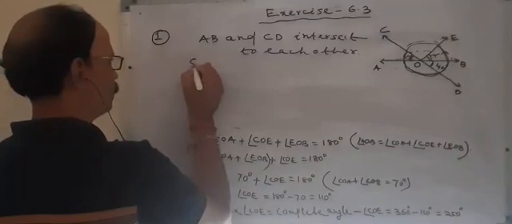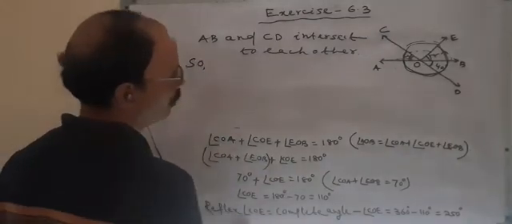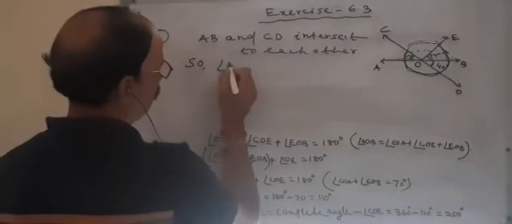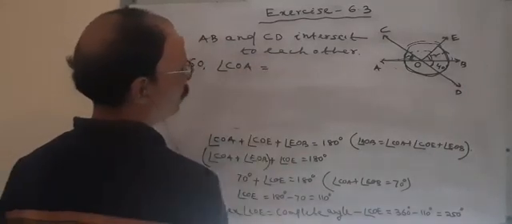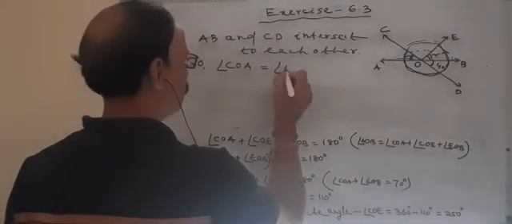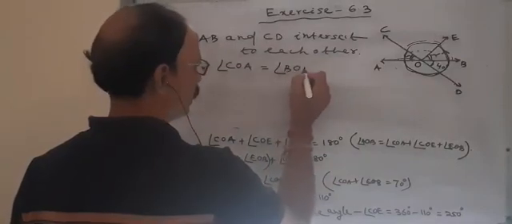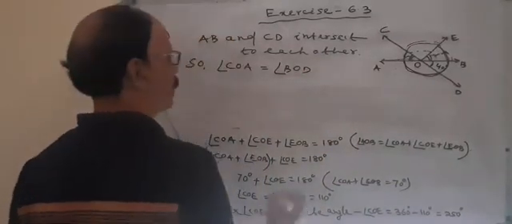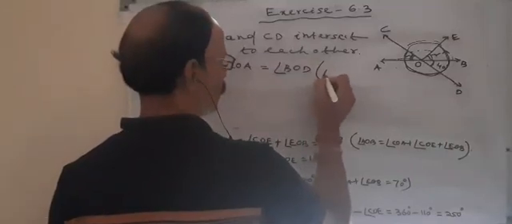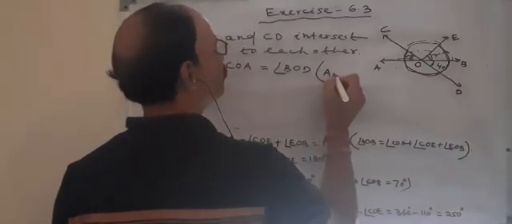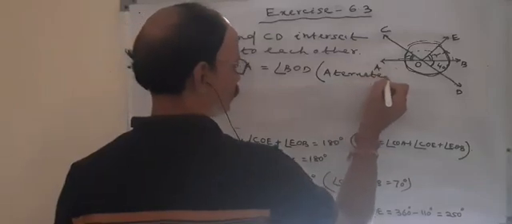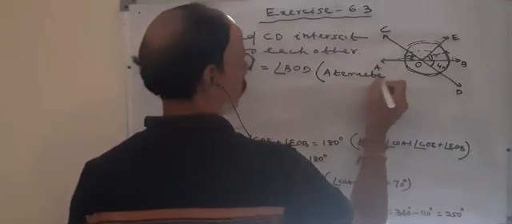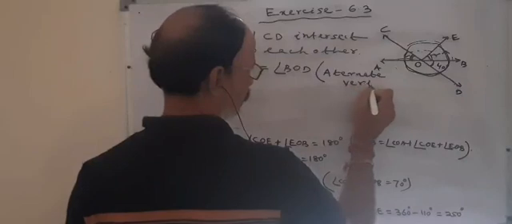So angle COA should be equal to angle BOD. Why will this be so? Because these two are vertical angles.